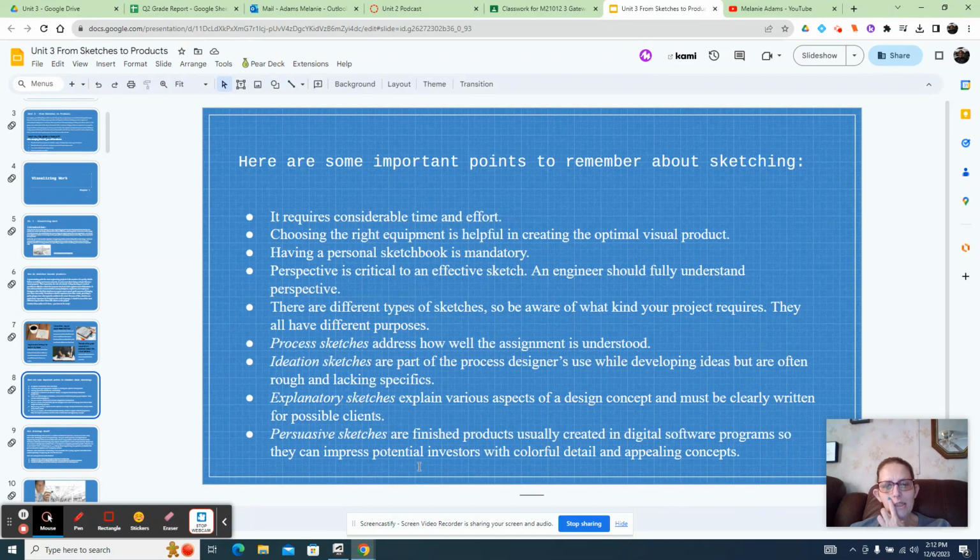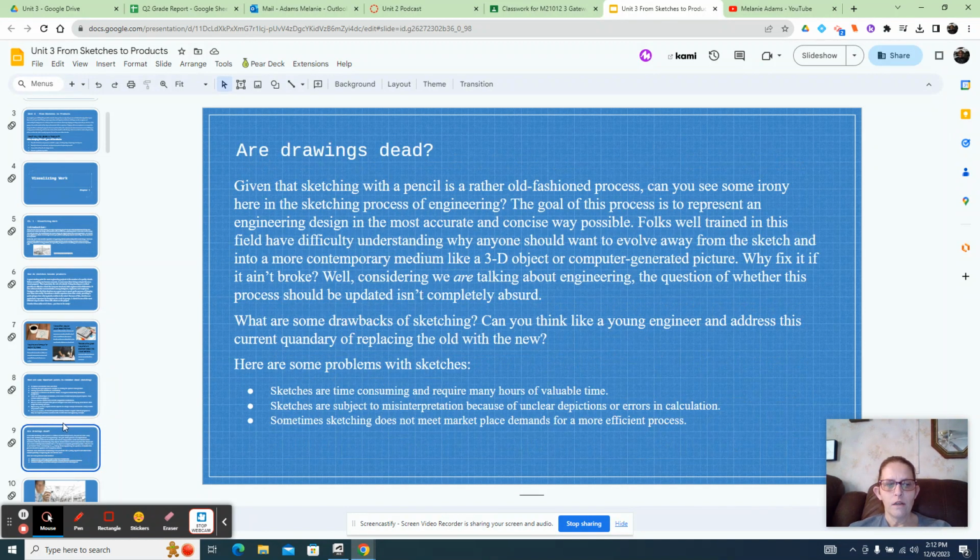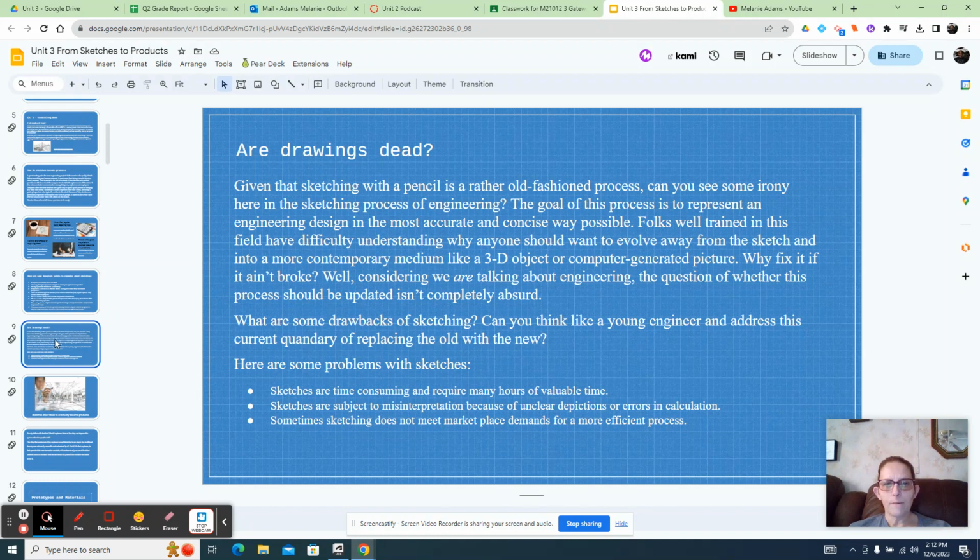And then you have your persuasive sketches that are finished products, usually created in a digital software program. They impress potential investors with colorful details and appealing concepts. Those are the ones that are going to wow you and make you want to buy that product. These are actually in the quizzes and in the assignment, so you might want to keep this in mind, that these answers are in your Google drawings.